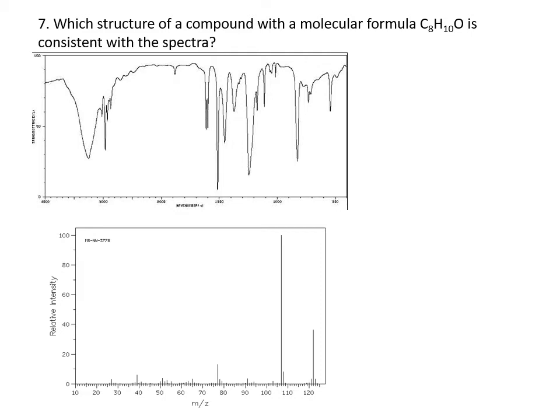Question 7 is an integrated spectroscopy problem. So you can pause video here, see these 2 spectra first, and those are IR and mass spectrum, and then on the next screen NMR spectra are shown.